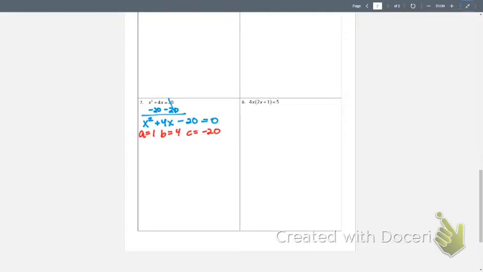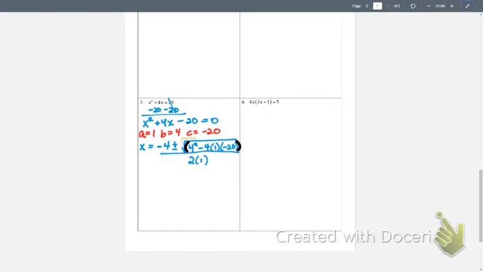And I type it in as x equals the opposite of b plus or minus the square root of b squared minus 4ac all over 2 times a. If you're typing this into your calculator, you have to put those parentheses.